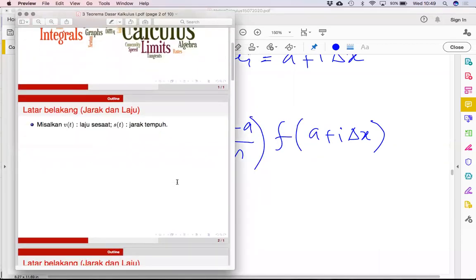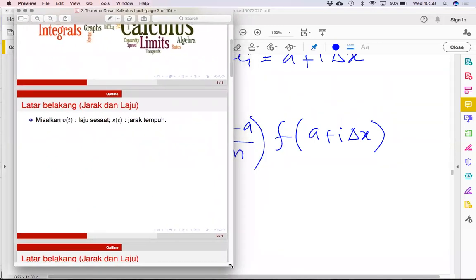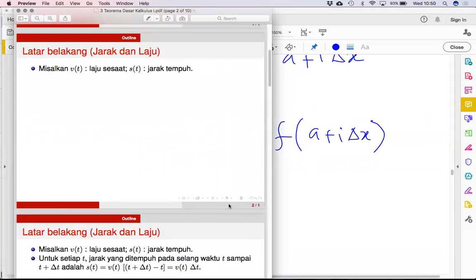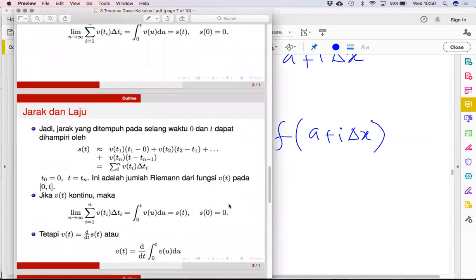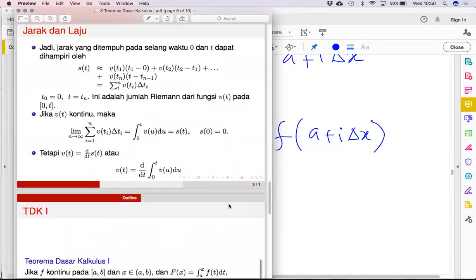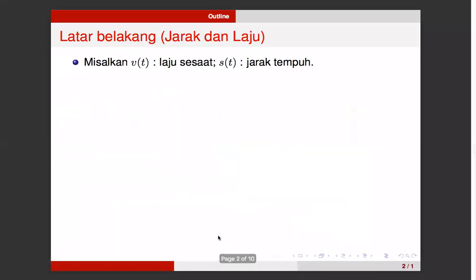Okay, let us continue to the first fundamental theorem of calculus. You can consider this example. I will take the illustration from physics, which is the velocity and the distance traveled by some particle.